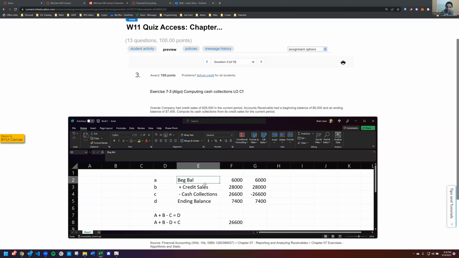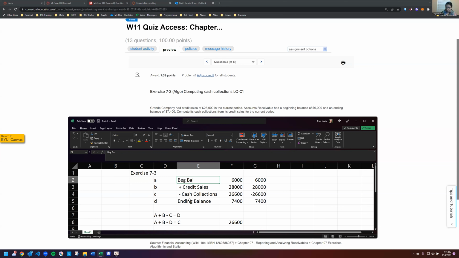So this is exercise 7.3. They're testing your knowledge of how you go from a beginning balance to an ending balance within a particular account. Usually that's going to start with a beginning number plus and minus some other numbers, which are usually debits and credits, and then what your ending number is.